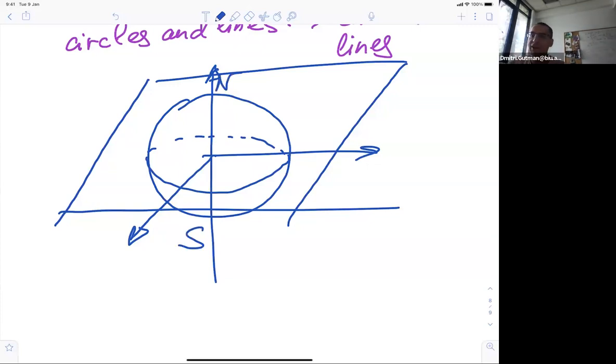As opposed to any finite circle, which does not touch the infinity point, and therefore does not pass through the North Pole. So the image of any straight line on the complex plane will be a circle that passes through the northern pole.